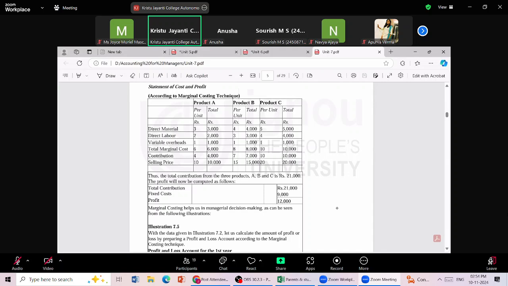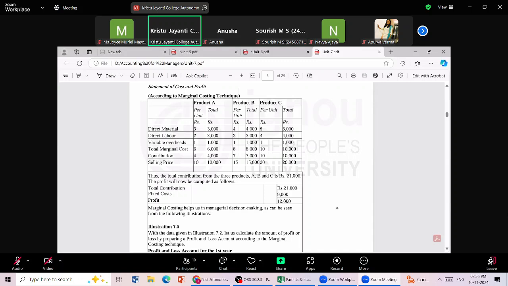So here basically to take a management decision, you cannot rely only on one cost. So absorption cost will give a different explanation, whereas in case of marginal costing it gives a different explanation.